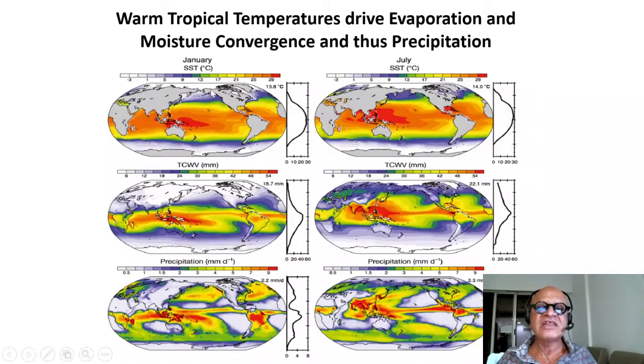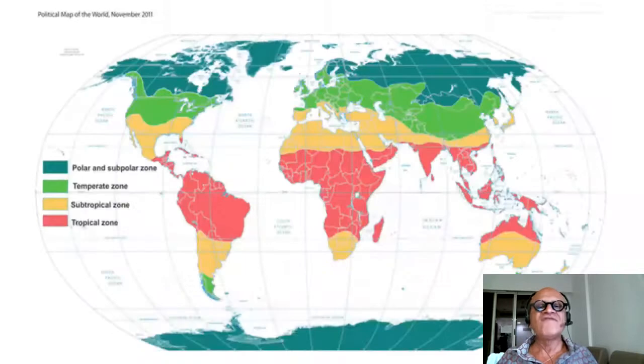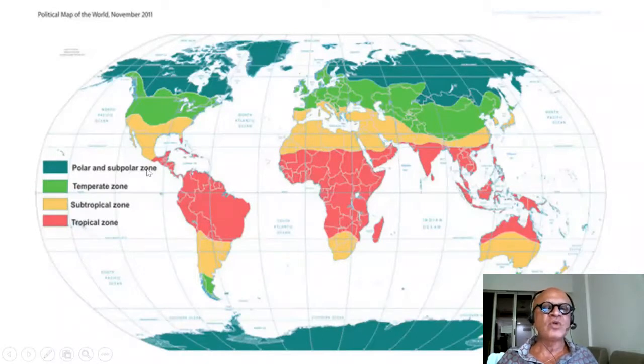But these scale selections are critical, and obviously as we saw in the Köppen distribution of vegetation, rainfall determines all those things. And broadly speaking, the climate zones are defined as polar and subpolar zone, temperate zones down here, subtropical zones in these yellow colors, and the tropical zones.